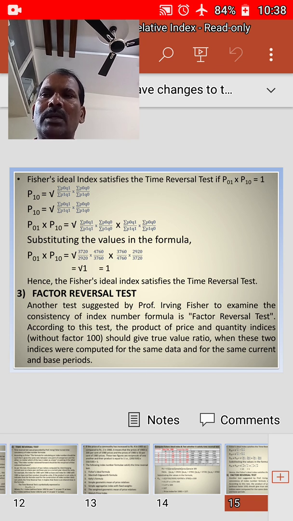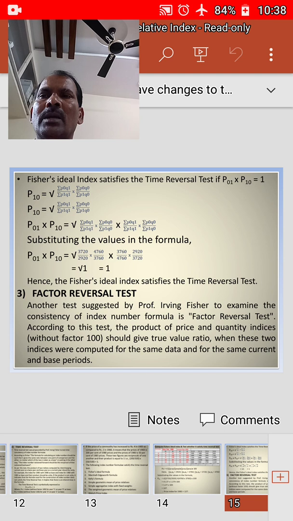That is nothing but the 0 places are taken by the 1. In P01 sigma P1 Q0, in P10 sigma P0 Q1. These are the changes.